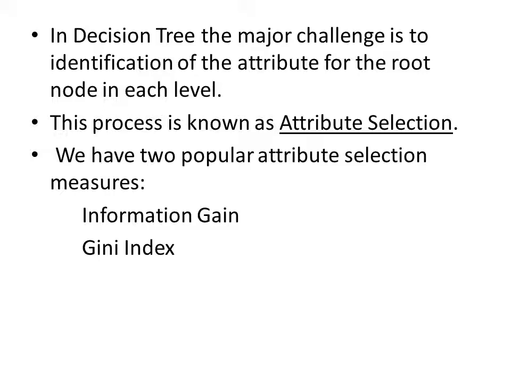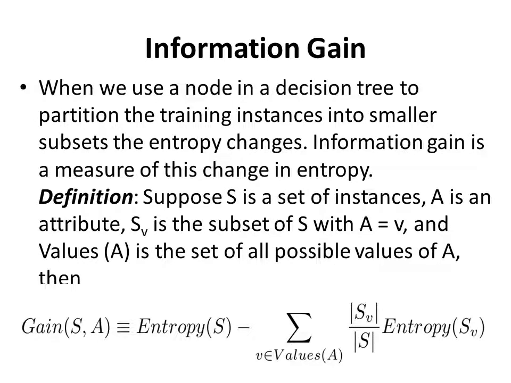We have two popular attribute selection measures. One is called information gain and another one is Gini index. Based on these two attribute selection measures only, the decision tree is constructed. First is information gain.